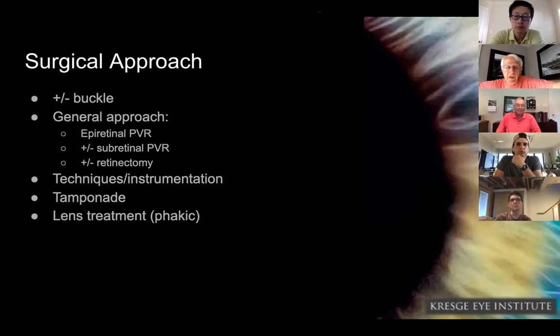One of the hardest things I notice for fellows to learn when doing PVR surgery is initially finding the membranes. It'll look like you've got this smooth surface, and the retina's all contracted, but you're sitting there scraping and you can't find the damn membranes.